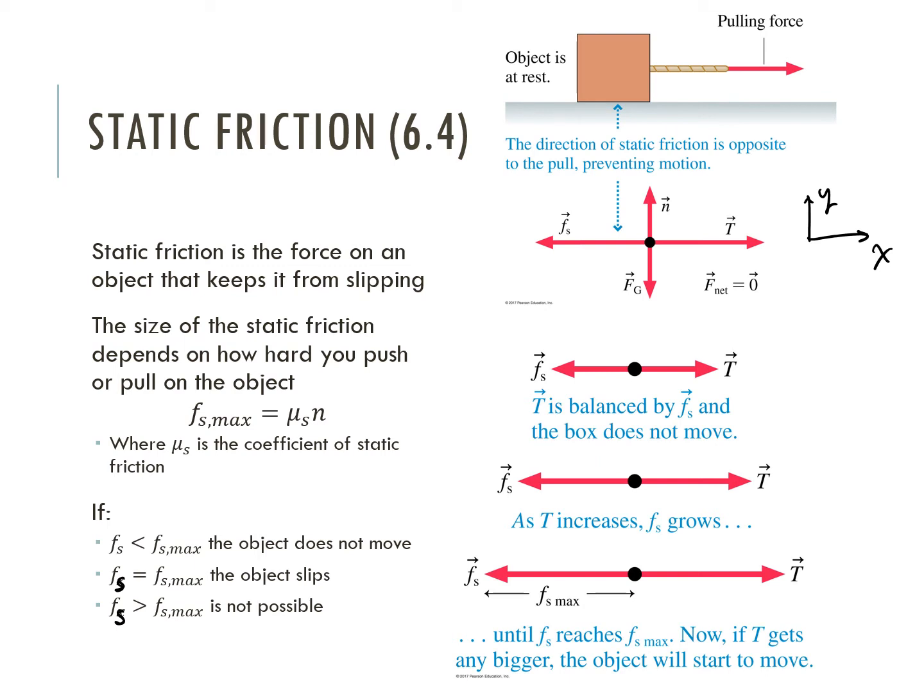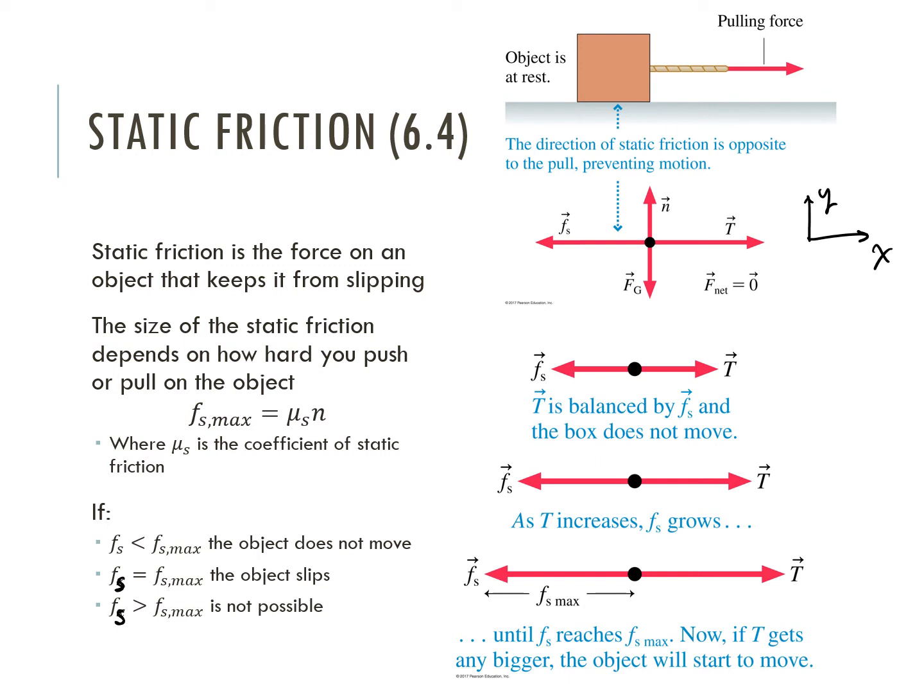If we are at the maximum value, we're going to start moving with respect to our surface, and you cannot be above the maximum value. The static friction in which your object has to be stationary is never going to be larger than the maximum value. That's not how it works.